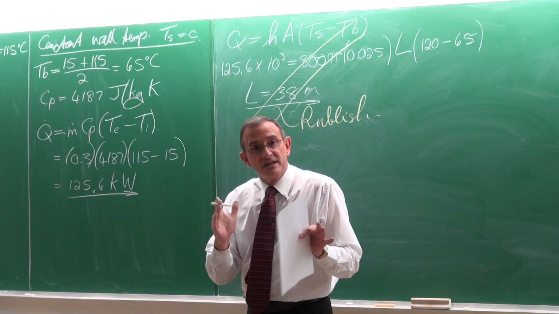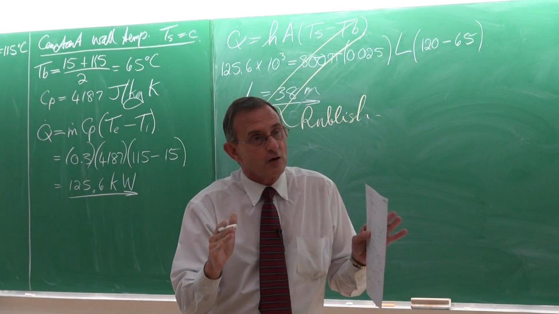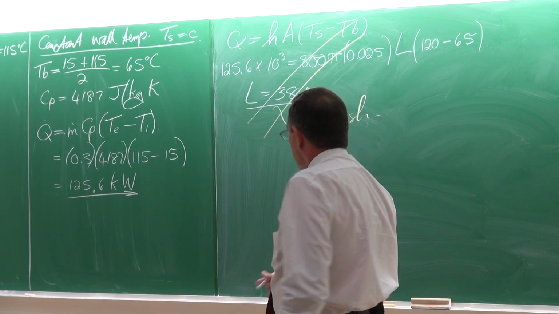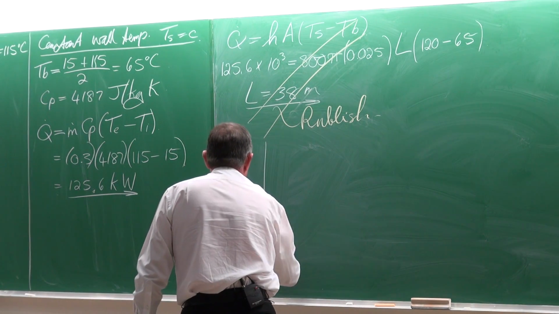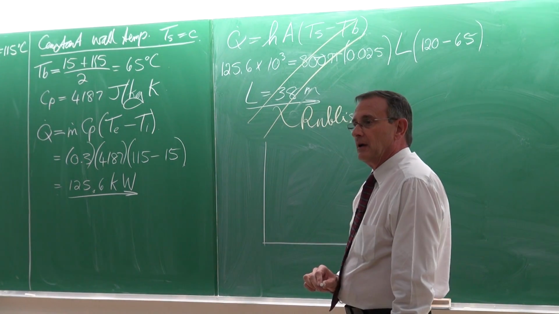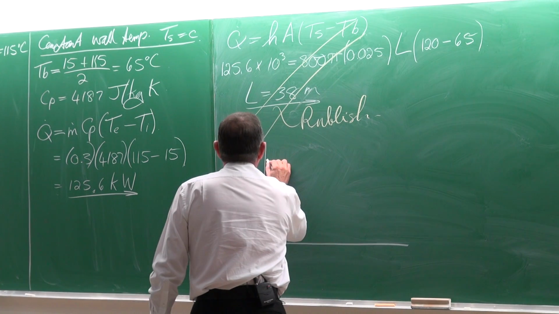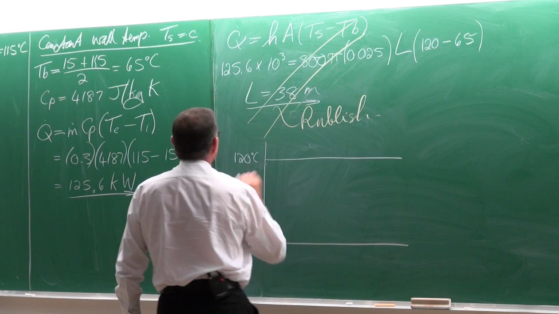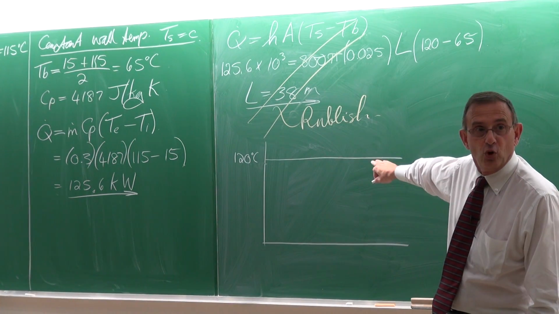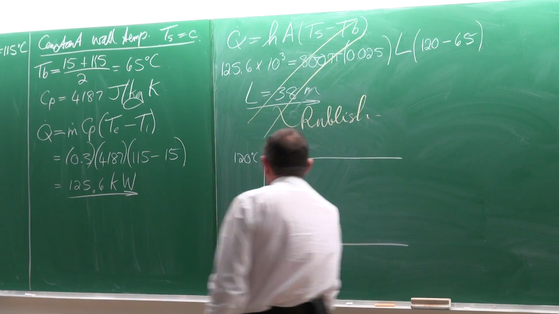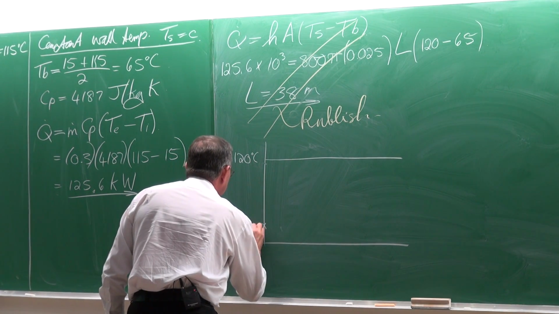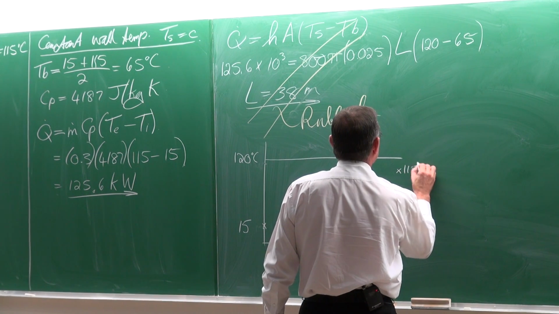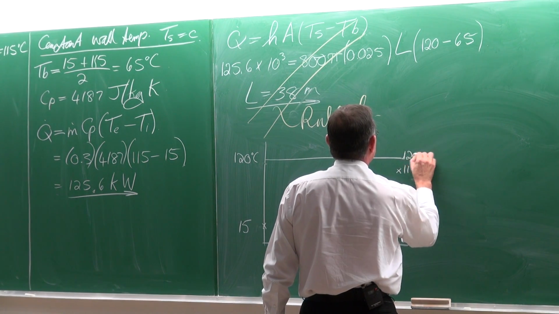Because, and that is why I said the previous paragraph is so important, you must always think of these two case studies. The best advice I can give you is make a sketch. With a sketch, you're going to have the surface temperature, which remains at 120 degrees Celsius. It's a constant wall temperature problem. The inlet temperature of the water is going to be 15. The outlet temperature is going to be 115. So there's 120.